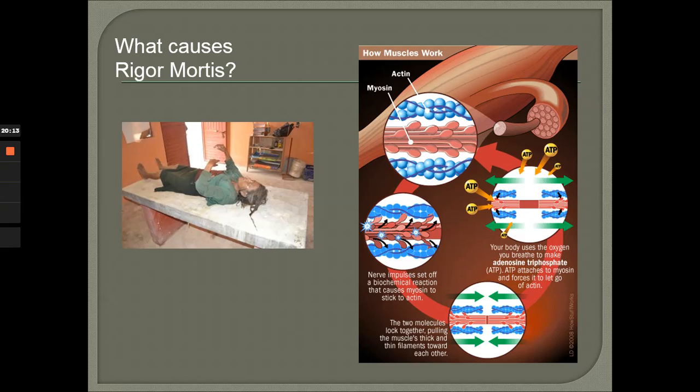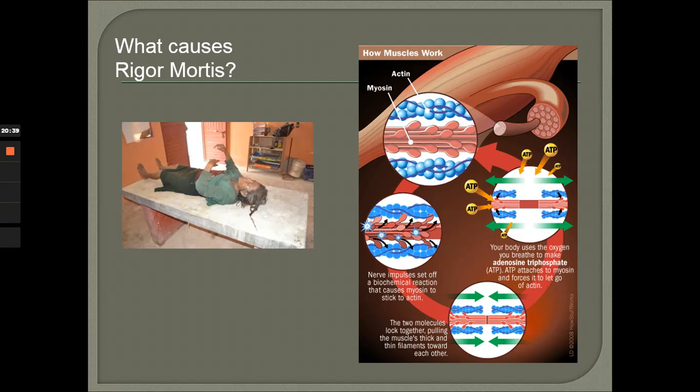Alright, so after death, the calcium that is in the terminal cisterna of the sarcoplasmic reticulum starts to break down. The walls of that organelle start to break down and release the calcium into the muscle fiber.